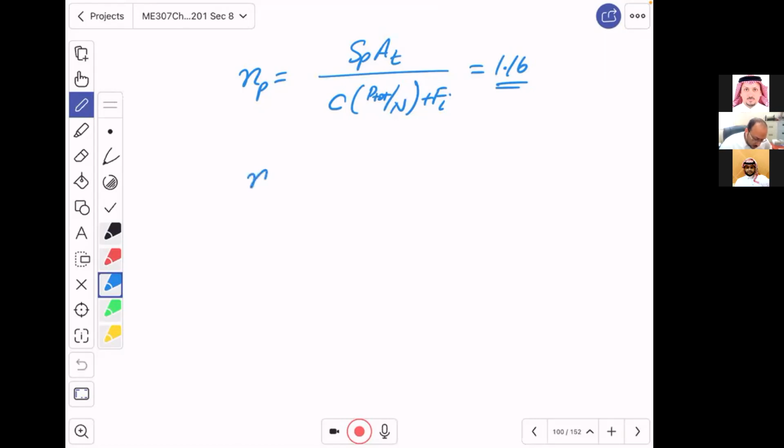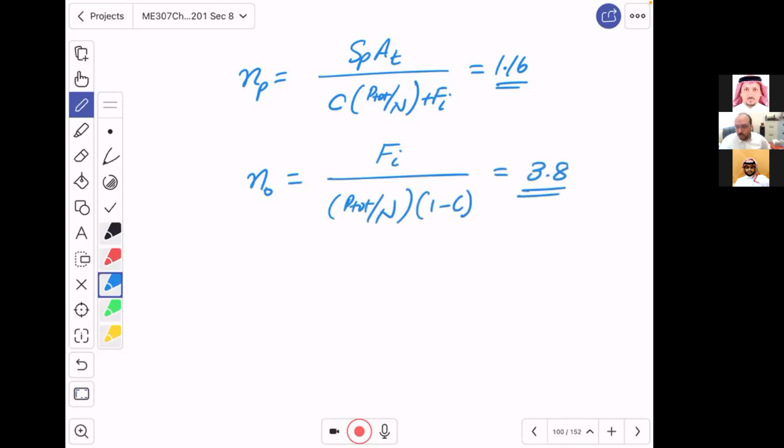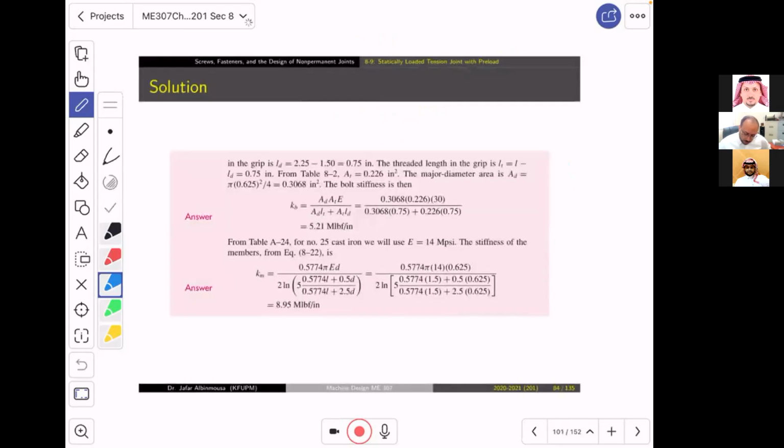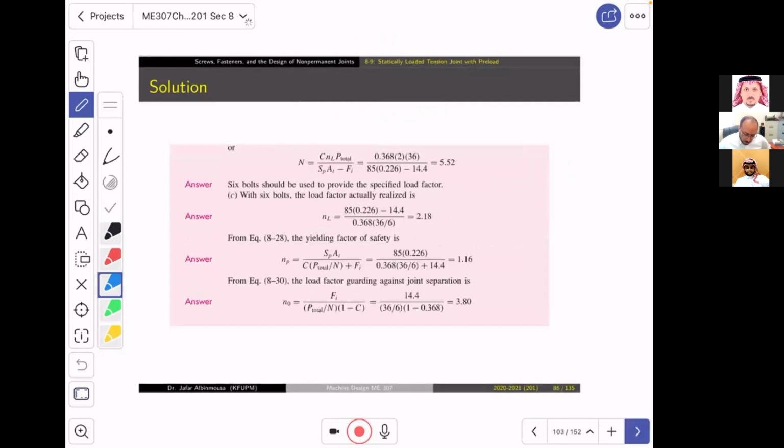The last one is n0, which is for separation of the joint, which is Fi divided by (P total divided by N multiplied by (1 minus C)). And if you calculate this, you will get it as 3.8, which means you are really good. You're safe with respect to the separation of the joint. Okay. Now, this is the solution. You can go over it yourself.